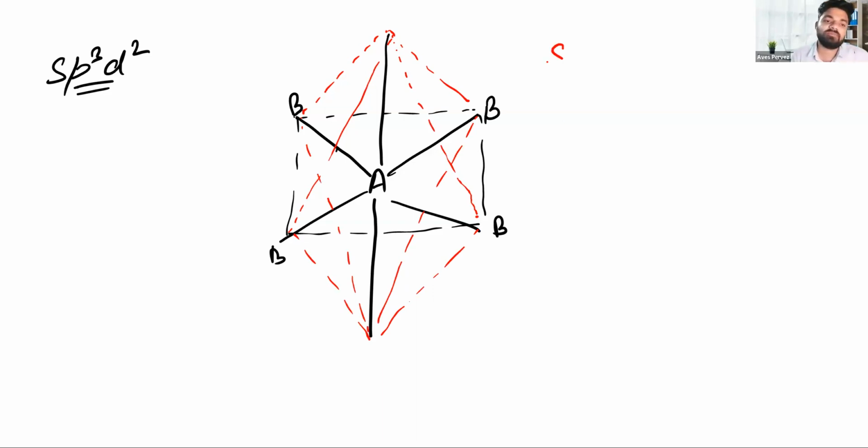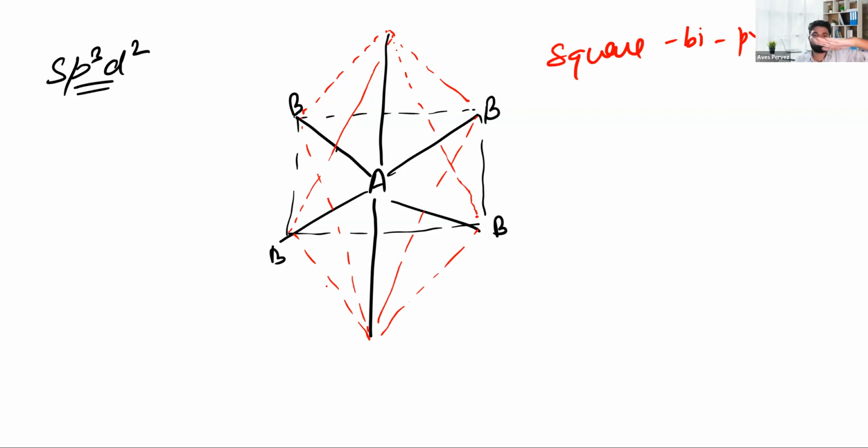So this is square bipyramidal. What does the word square bipyramidal mean?